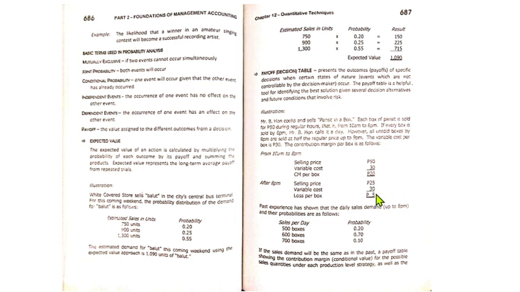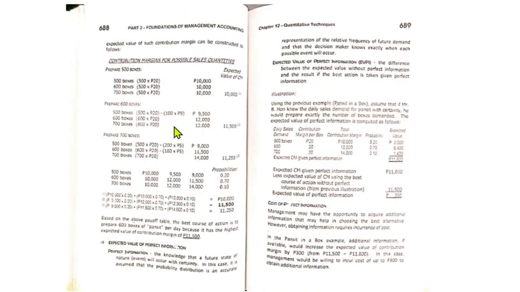So may loss ka diyan na 5. So ibabawas mo 'yun sa benefit na maa-arrive mo by preparing 600 boxes. So, kung 600 boxes ang pinrepare mo at ang nabenta mo lang ay 500 boxes, so 500 times 20 minus yung loss mo, yung 100 times 5, 9,500 yan.